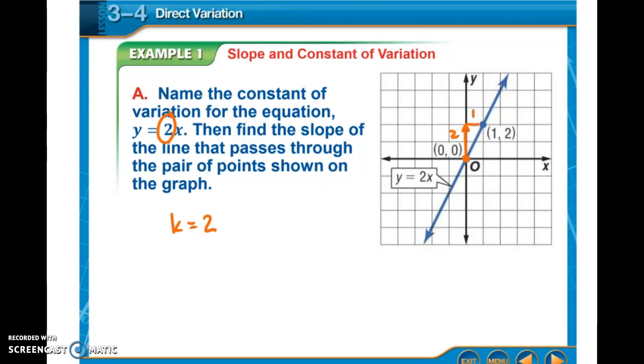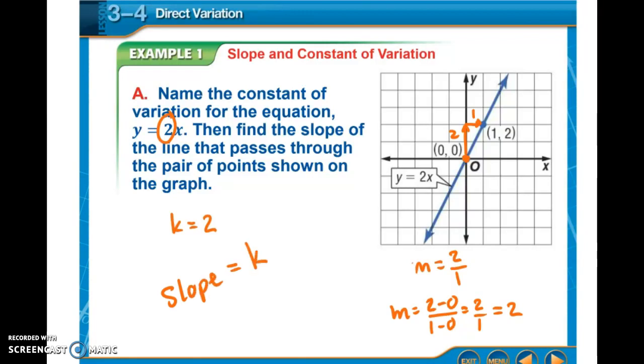The run then is 1. So the slope of this equals 2 over 1. You could have also calculated it by doing the difference of the y values over the difference of the x values, and that equals 2 over 1, which equals 2. Notice that the slope equals the k, the constant of variation.